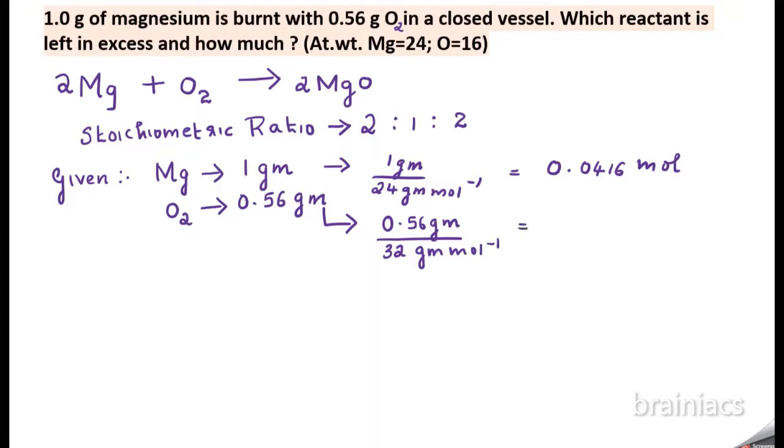If you divide this, you will get a value 0.0175 mole. Now, this is what is given to you for this reaction: 0.0416 mole of magnesium and 0.0175 mole of oxygen.